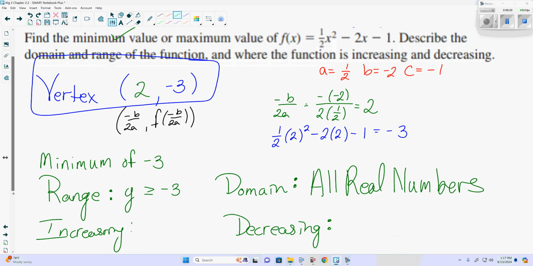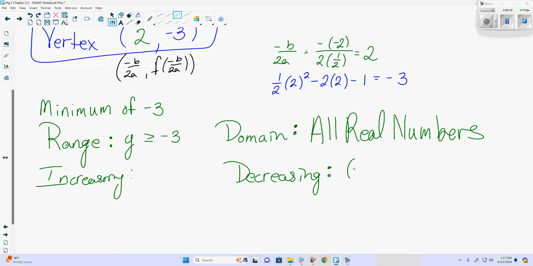So decreasing as an interval would start at -infinity and would go to the vertex. And we talk about this purely in terms of x. Well, the x value of the vertex is what? 2. So on the interval of -infinity to 2, the function is decreasing.